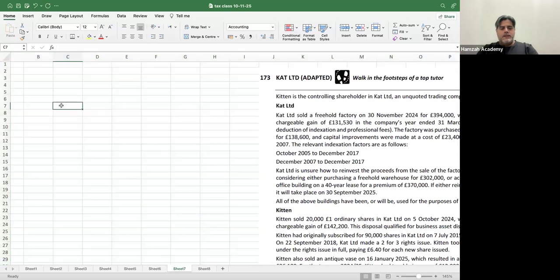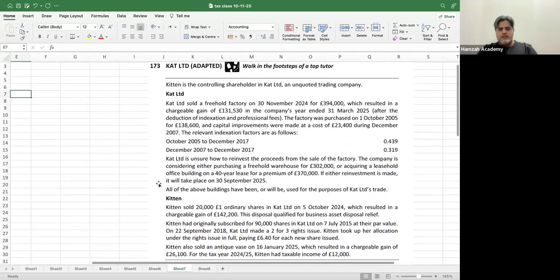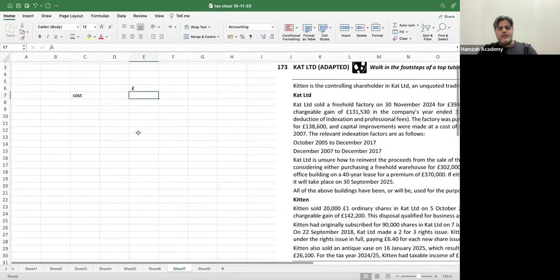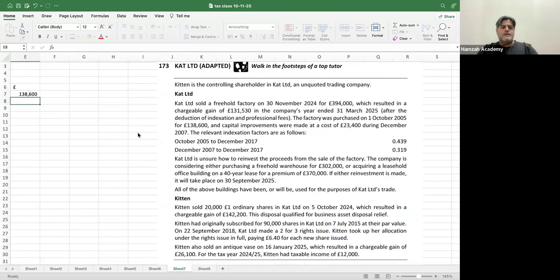As far as the cost is concerned, the factory was purchased on 1st October for 138,600.